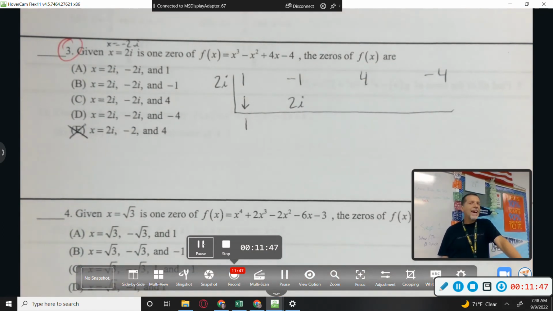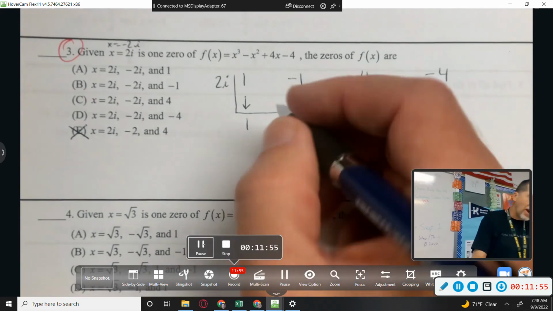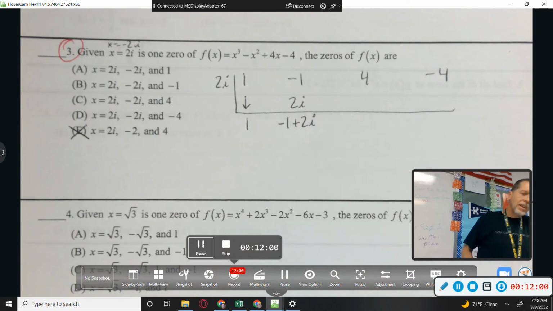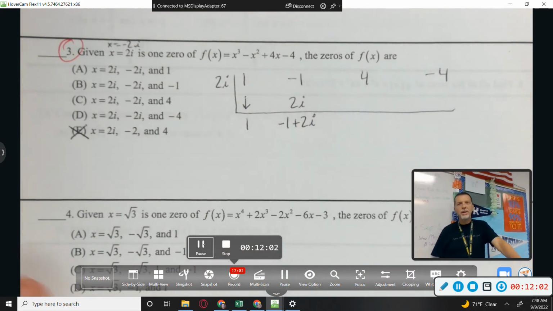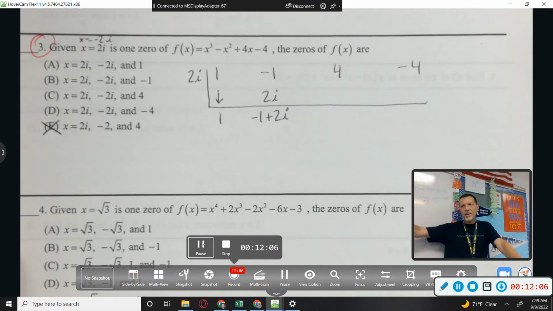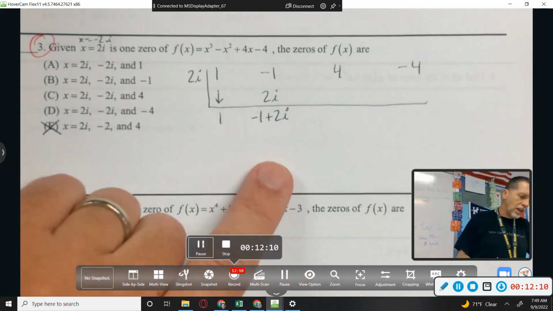When I add negative 1 and 2i, what do I get? Yeah, negative 1 plus 2i, or 2i minus 1, either way. Which looks a little bit weird, but okay, let's keep going. Again, the carrot at the end of this problem is there's a 0 at the end, or there's supposed to be. Multiply.